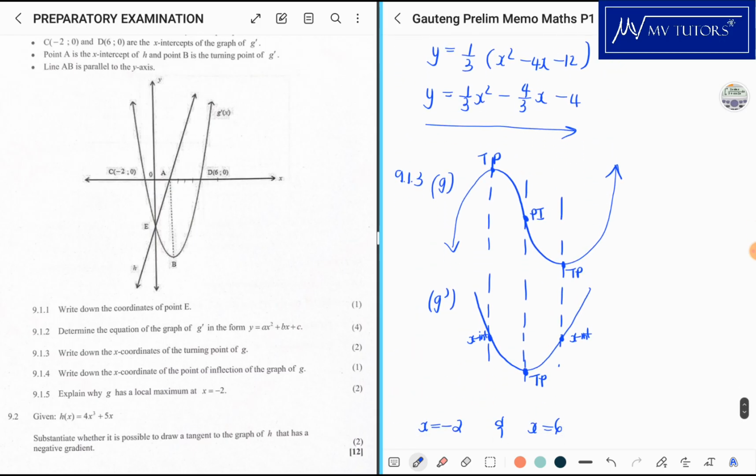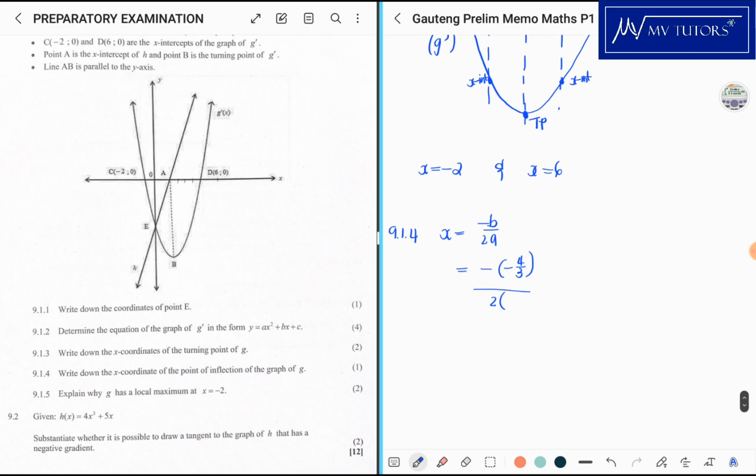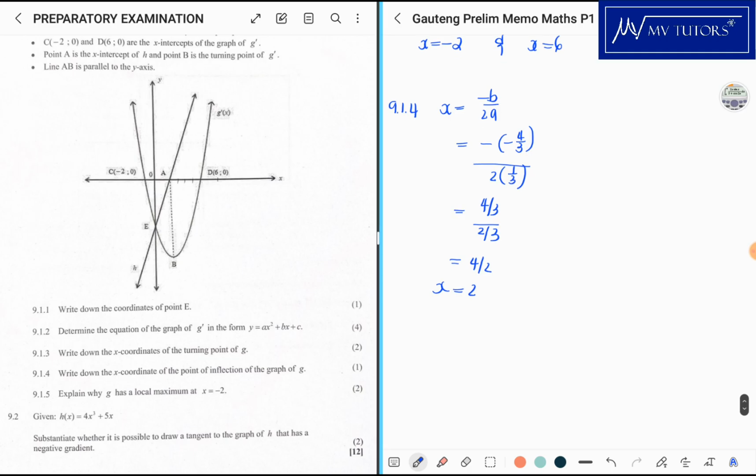So I have 4/3 divided by 2 times a, which is a third. So basically I have 4/3 divided by 2/3, which is just 4 over 2, which is 2. Only 1 mark. So yes, x is equal to 2.